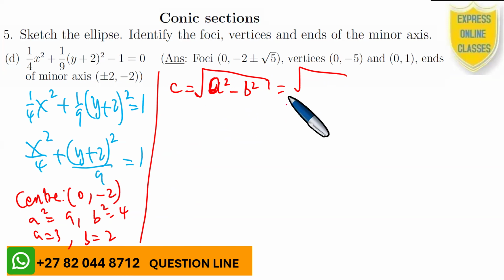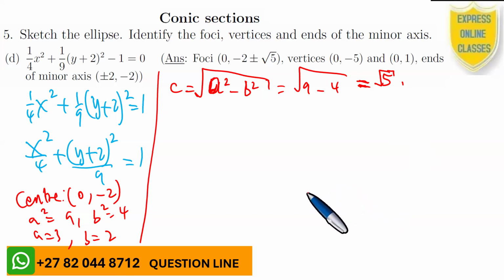The biggest one is 9, the smallest one is 4, which gives the square root of 5.